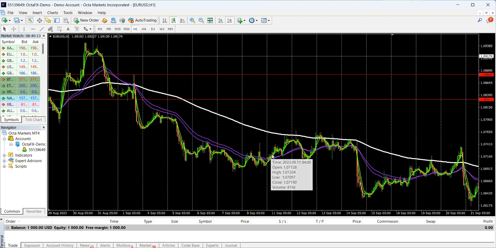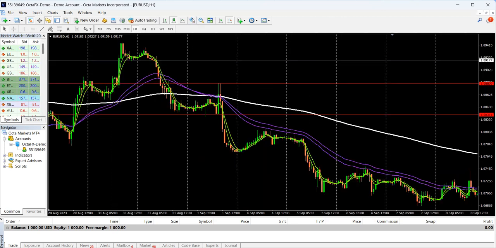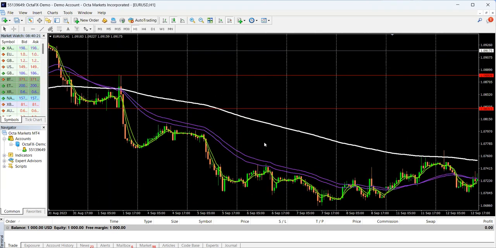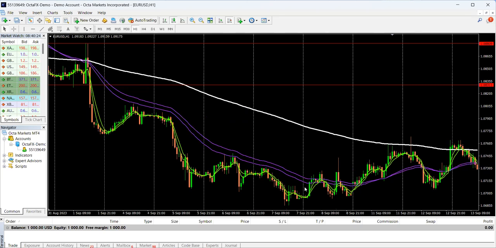So you can see that at this point, it has completely crossed. Let me zoom in so that you can see. At this point, it was crossing, but it came back. It was crossing here, then it came back. But at this point, the lemon completely crossed.